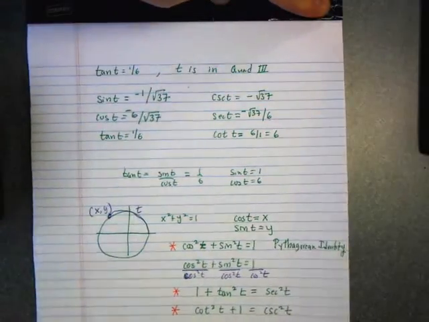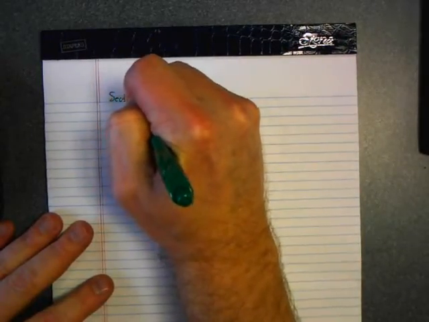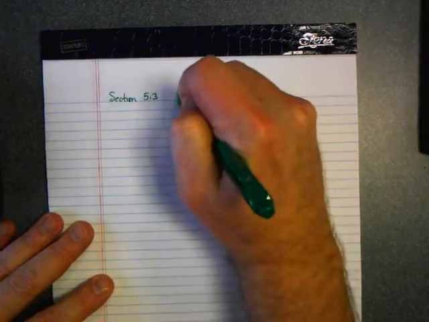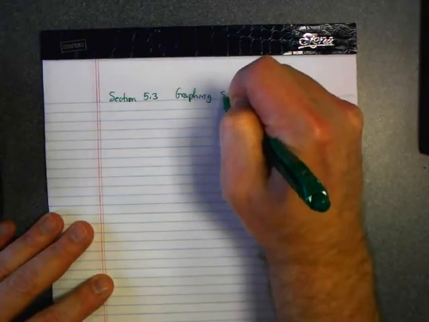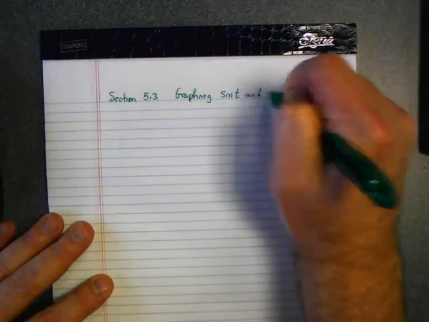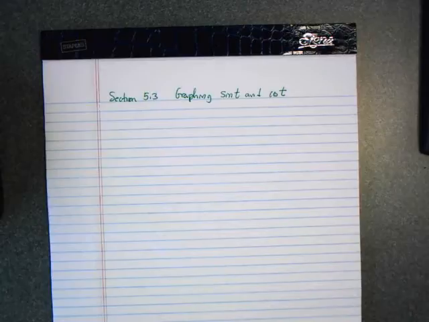All right, I think we're ready to move on to section 5.3. In section 5.3, we're going to talk about graphing sine t and cosine t.